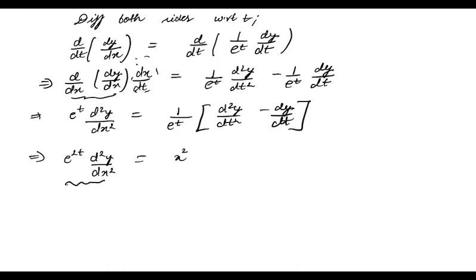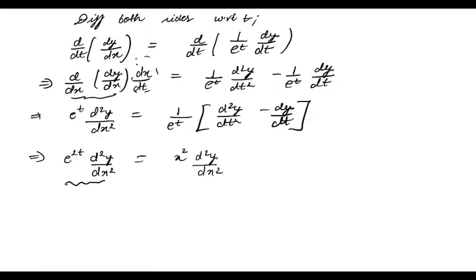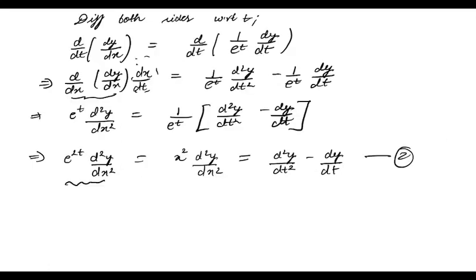Exponential 2t is nothing but x square, which is essentially the first term of the differential equation. So the first term of the differential equation can be written as d2y by dt square minus dy by dt. This is very important. Let us take it as 1. This is 1, this is 2.